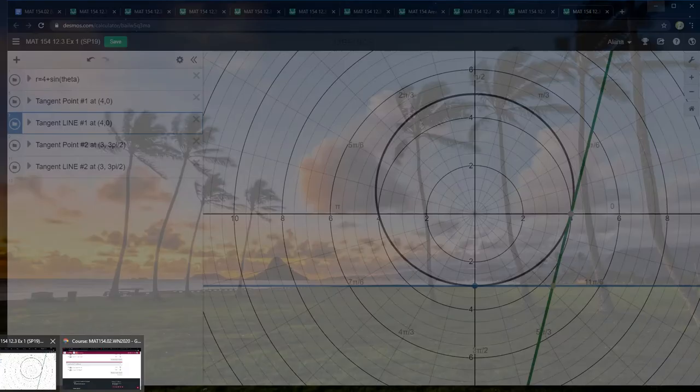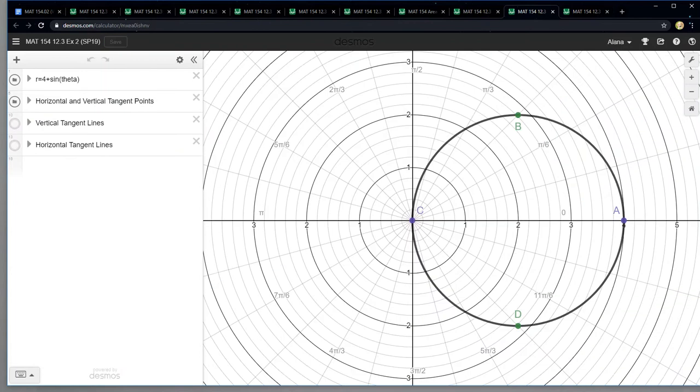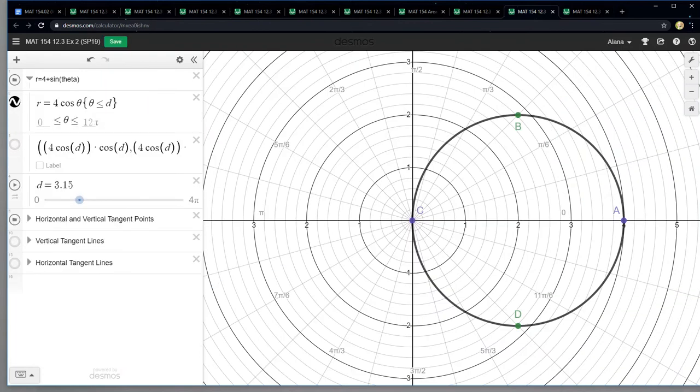So let me pull this graph up. Okay, so when I draw this graph and I bring it around, I want to know how large the period is, because the period will help me because I can limit myself. Oh, look at that. I can limit myself to pi. Look, 0 to pi is my period, because right around 3.14 I have the full graph.